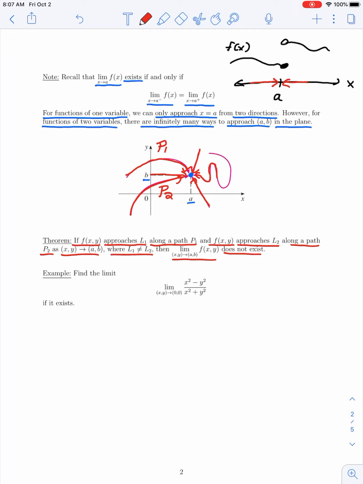Or equivalently, the only way that a limit exists is if the values of our function approach the same real number regardless of the path that we choose to approach our point (a, b) along.